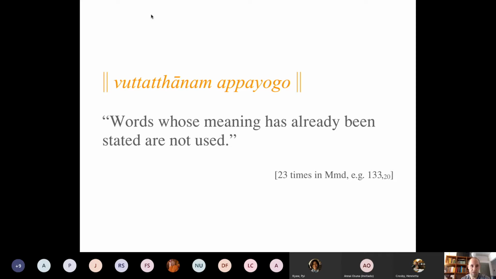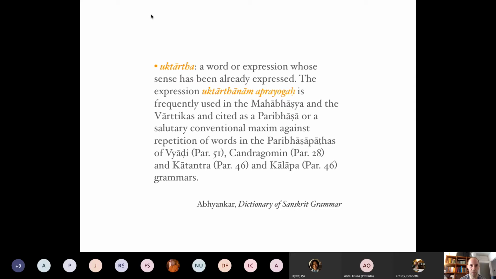Another ghost paribhāṣā that only appears in the commentaries, in this case the Mukhamatta Dīpanī, is Vuttatthānaṃ appayogo: words whose meaning has already been stated are not used again. So this is a principle of economy, and I will not go into the details of this, but this is not an original rule from the Kaccāyana commentators. As you can see in this entry from Abhyankar's Dictionary of Sanskrit Grammar, the concept of uktārtha, the word or expression whose sense has already been expressed, is already found in the Sanskrit paribhāṣā uktārthānām aprayogaḥ.